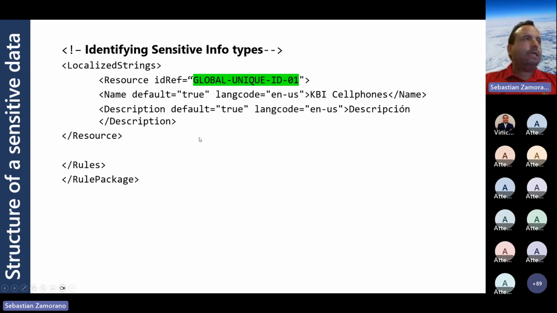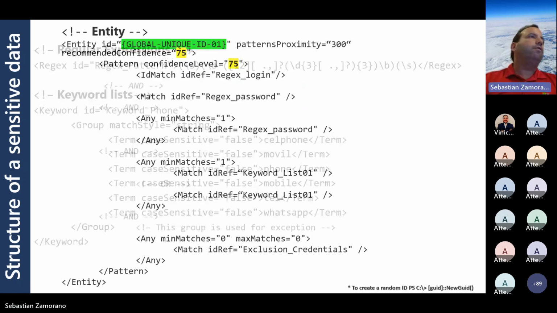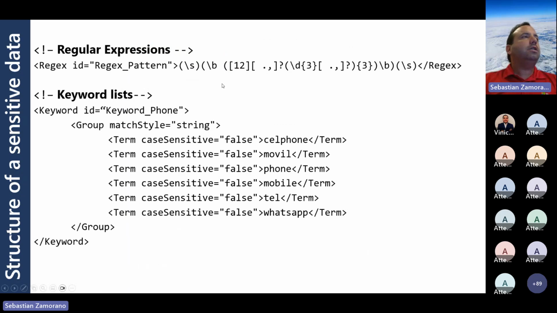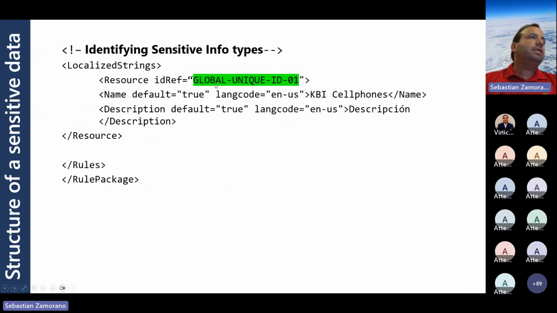Here, we need to take care with this entity. We are using a globally unique ID, and that globally unique ID is used here to give a name. That is the name that appears in our compliance portal, in the Microsoft Purview portal under classifiers.